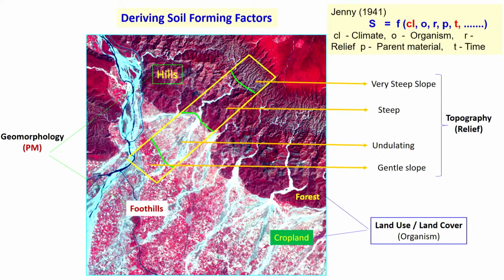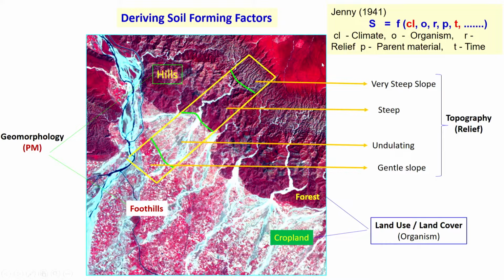How can I study the soil forming factors? Then our task is to interpret soil forming factors using remote sensing data. So in this FCC, first we want to study the various soil forming factors.